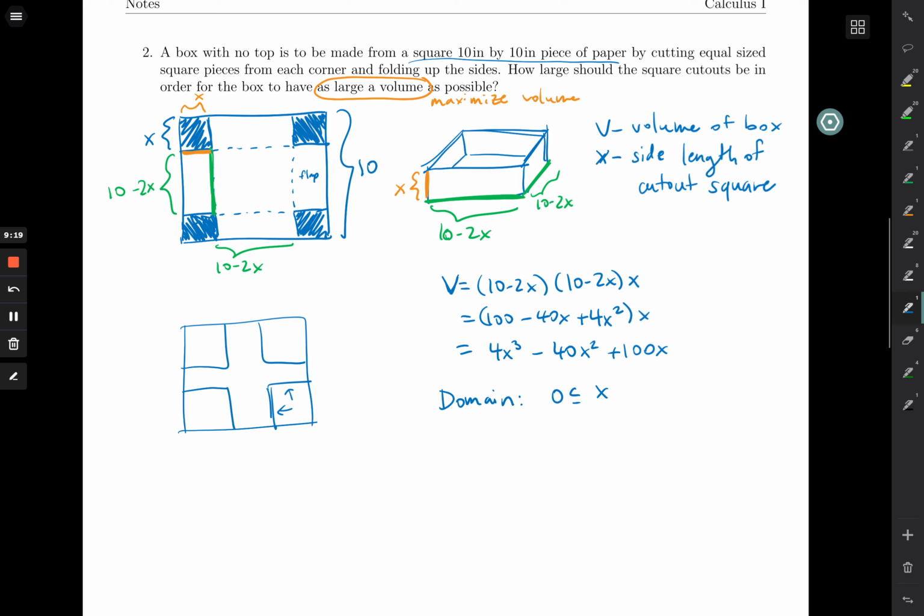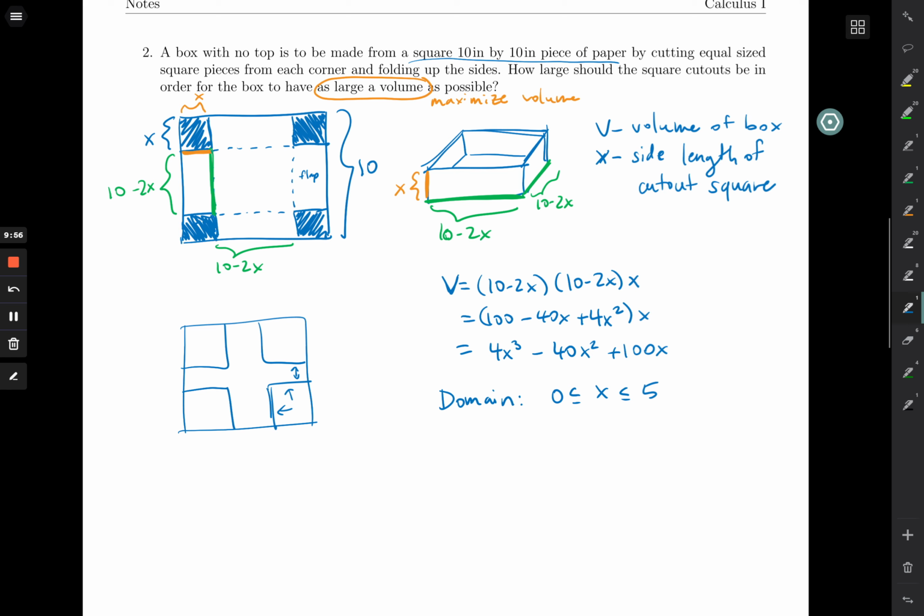Obviously that's not a good scenario, but it is the upper bound for what x can be. So if x were equal to half of the side length, so half of 10, then the cutouts would take up the entire piece of paper and we would be left with 0 volume. That would happen if x was equal to 5. If x was equal to 5, then these cutout squares would actually touch here, and then we'd be in that case where we get 0 volume.